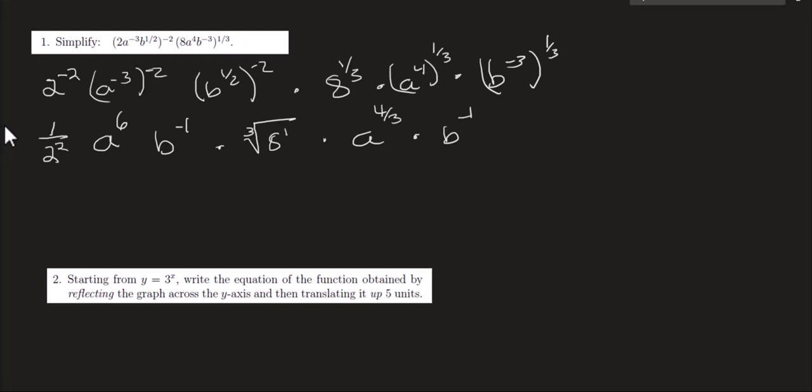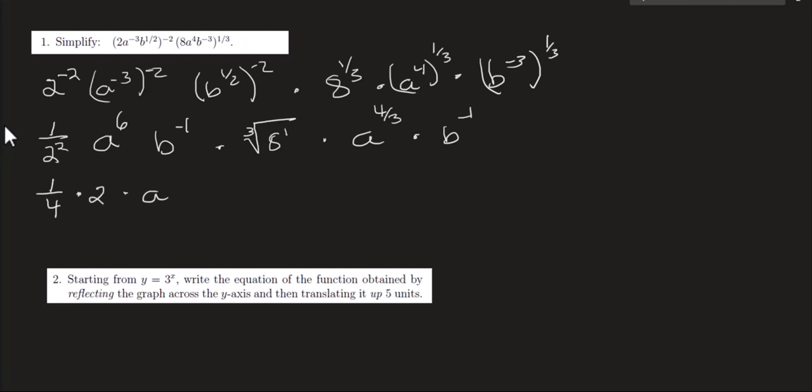So now this is 1 over 2 squared, so that's 1/4, times, now the cubed root of 8, so what number would you multiply times itself 3 times to get 8? 2 times 2 times 2 is 8, so the cubed root of 8 is 2.